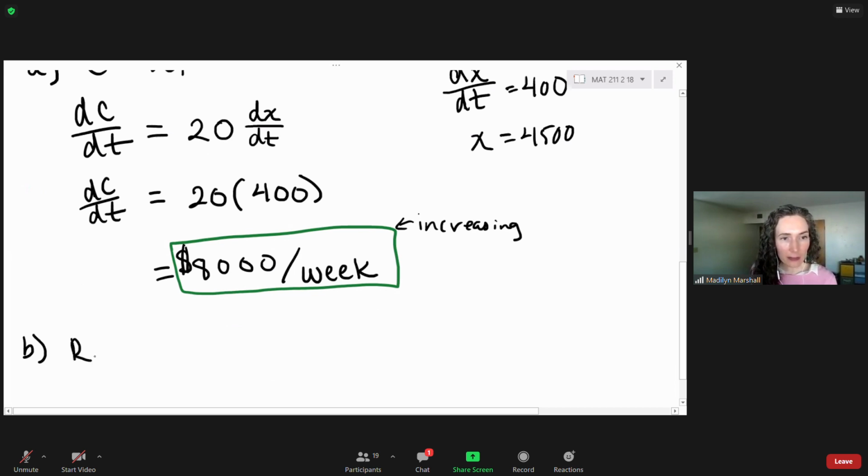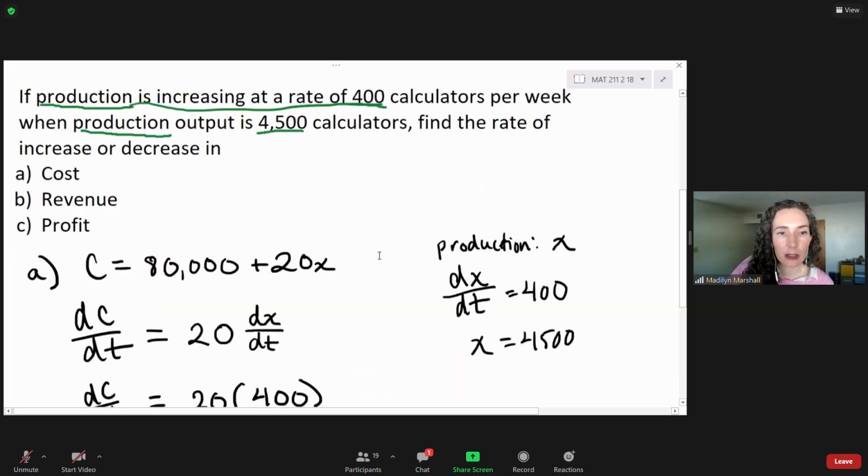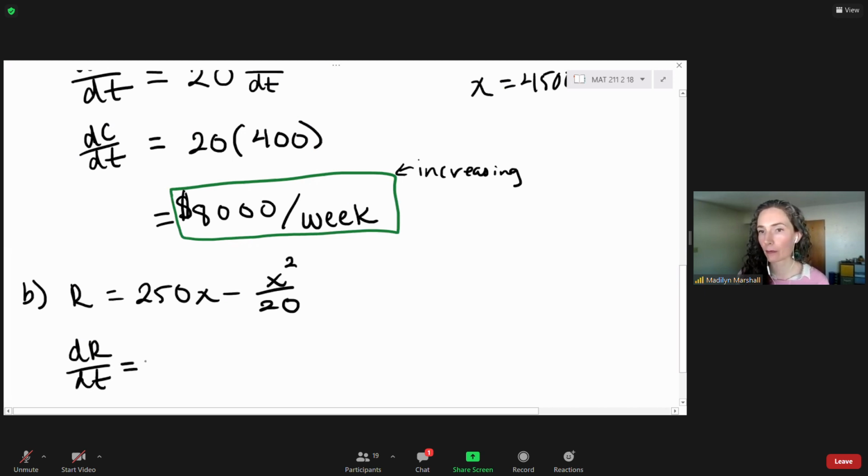So I'm going to rewrite our revenue equation down here: 250x minus x squared over 20. So task number 1 is to find dr dt.